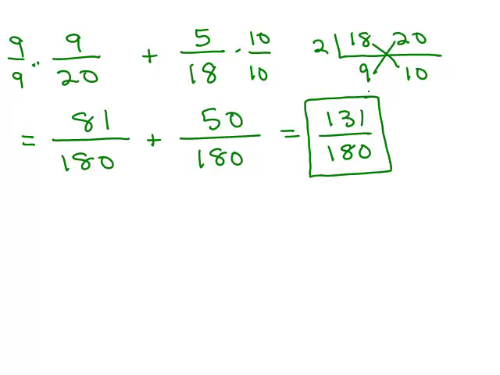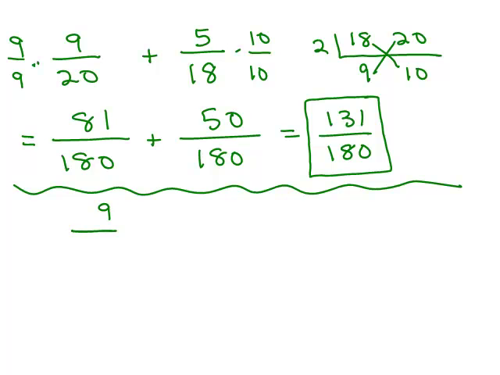Now we're going to do the same problem using what I'm going to call the jealousy method. Remember, the original problem was 9/20 plus 5/18. What I'm going to do is factor the denominators. These are the denominators of the original problem, 20 and 18, so I want to factor those.